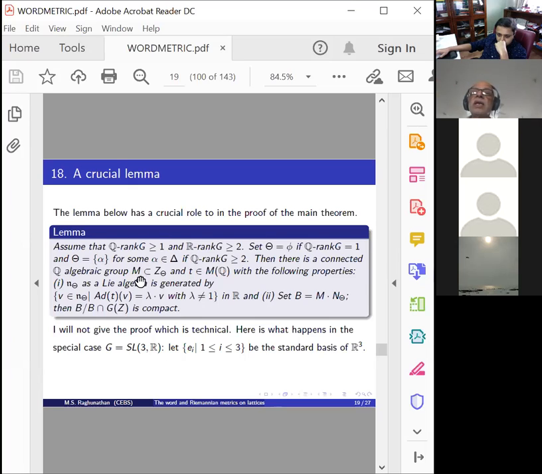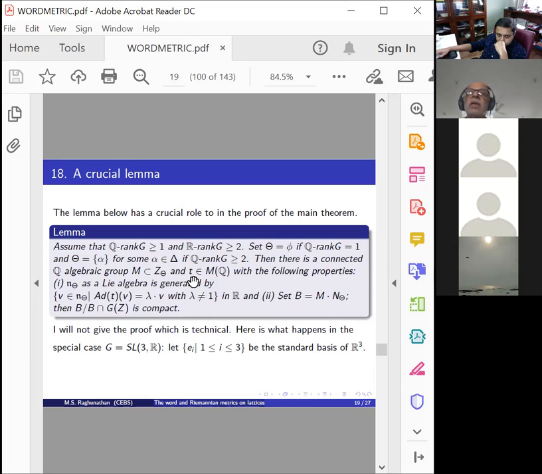And the centralizer part will have the torus plus the rank 1 subgroup, whose Lie algebra will correspond to all roots which are multiples of alpha, both positive and negative. That will be a rank 1 semisimple group, which will be part of Z_{alpha}. That's the case when the Q-rank is greater than or equal to 2.